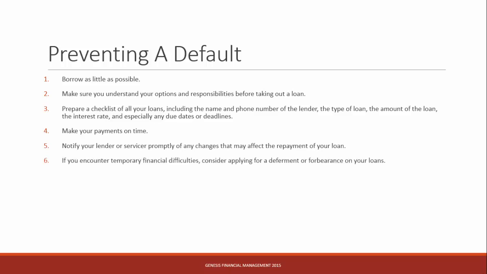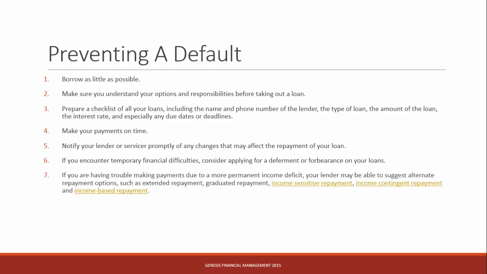If you encounter temporary financial difficulties, consider applying for a deferment or a forbearance on your loans. If you're having trouble making payments due to a more permanent income deficit, your lender may be able to suggest alternate repayment options such as an extended repayment, a graduated repayment, income-based repayment plans, income contingent repayment plans, and a pay-as-you-earn repayment plan.